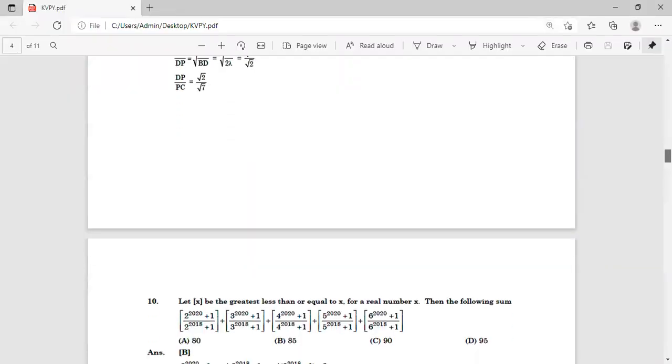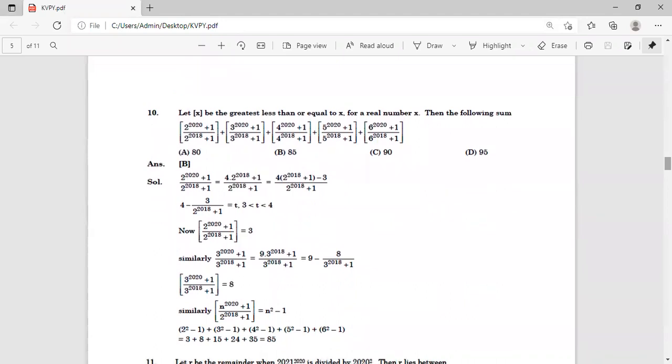So next one. So see this question. Greatest integer x. So we need to find integral values here. You can just observe there is some pattern here. You know, all the terms are like n raised to power 20 plus 1 divided by n raised to power 2018 plus 1.